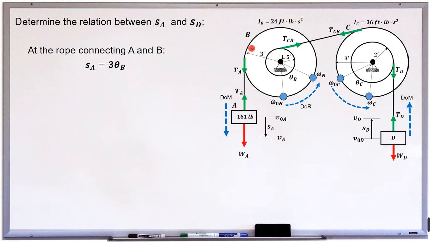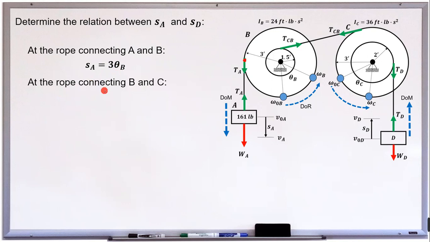This is the radius at this point that connects our cylinder B and our block A. So at this point, the radius is 3 feet. So we have 3 times the angular displacement of our B, so we have theta B.